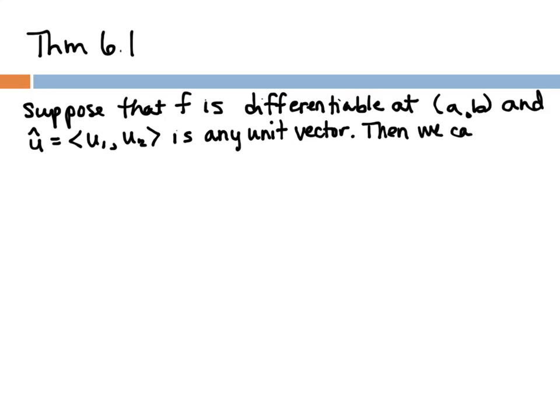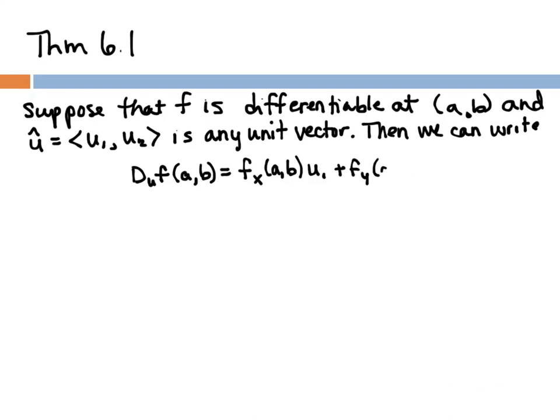Then we can write, this is the climax of the last piece so that we don't have to do those pieces over again: D sub u of f at a, b equals f sub x at a, b times u1 plus f sub y at a, b times u2.